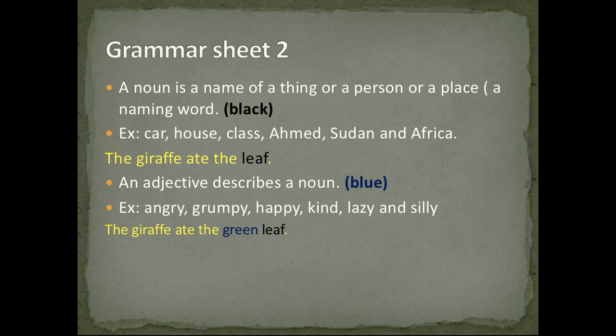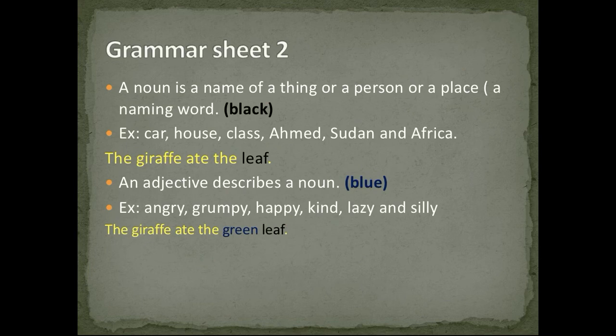So an adjective describes a noun. We write it in blue or we underline it in blue. Okay? You have like angry, grumpy, happy, kind, lazy, and silly. All of these are adjectives that I use to describe the noun. Let's look at the example down.